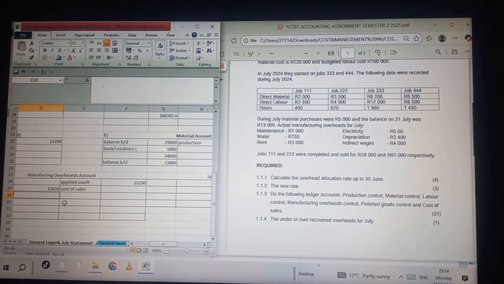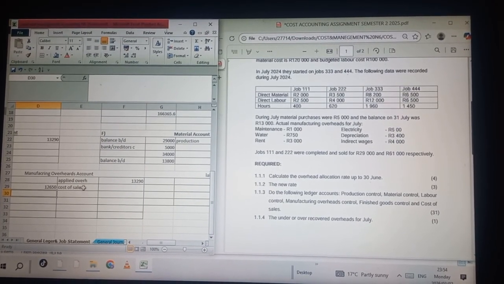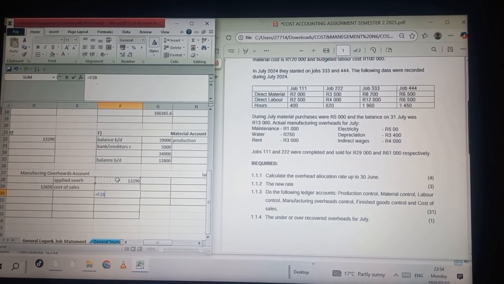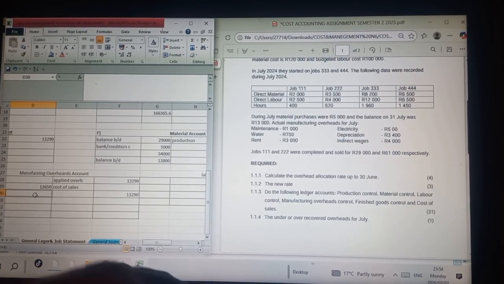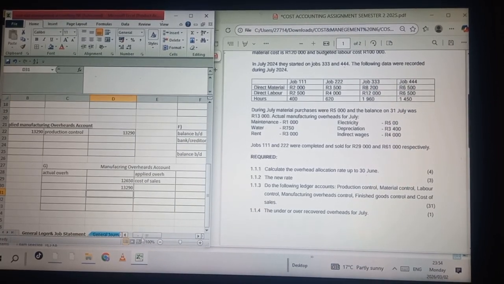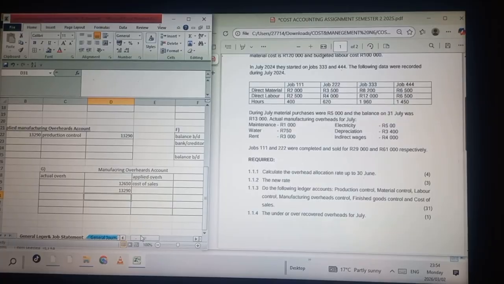Now our bigger side is applied overhead. This is our bigger side, meaning cost of sales will be on the debit side.